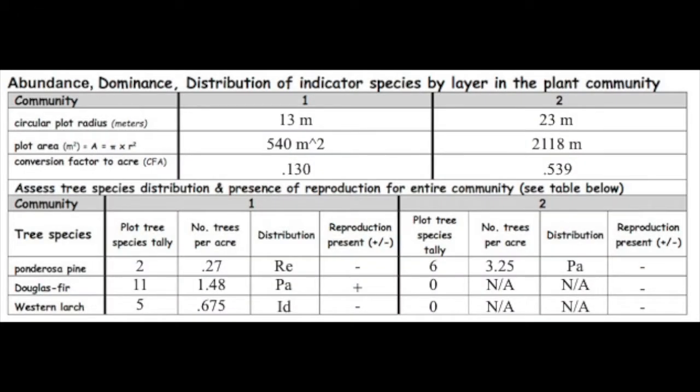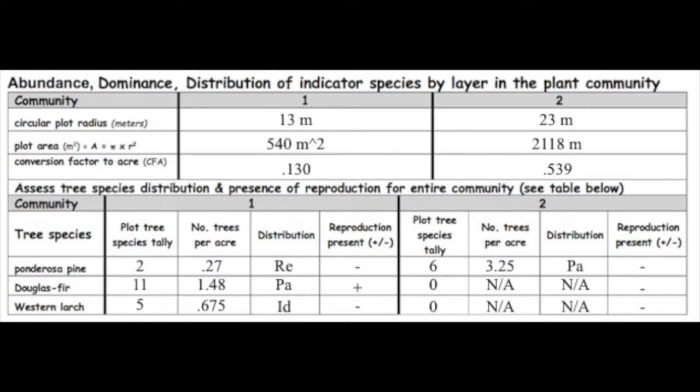On this table, we see abundance, dominance, and distribution of indicator species by layer in the plant community. Community 1 is the north slope, where community 2 is the south slope. If we look at the different tree species, it is very clear that the north slope occupies more in dominance, abundance, and distribution than the south slope.